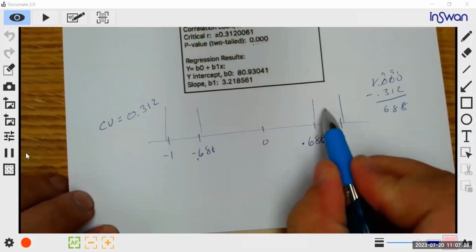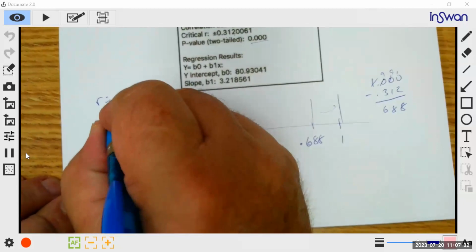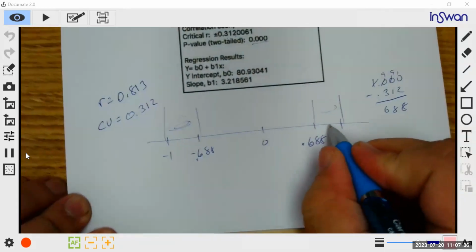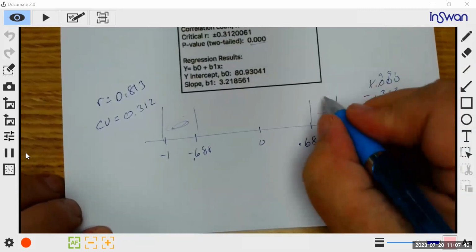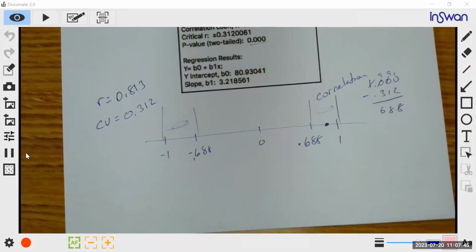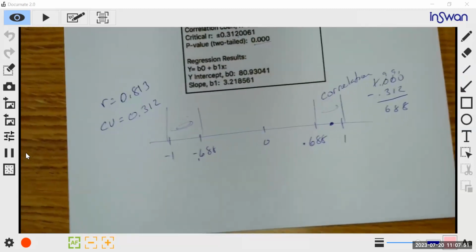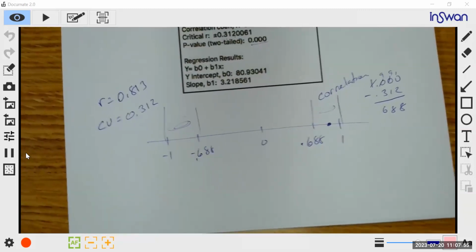Is my R value in one of these? My R value was 0.813. So my R value is here. So it tells us what? There's a correlation. Since we know there's a correlation, we could look at the graph and then objectively say, because it's so spread out, it's not a very strong correlation, it's somewhat strong.